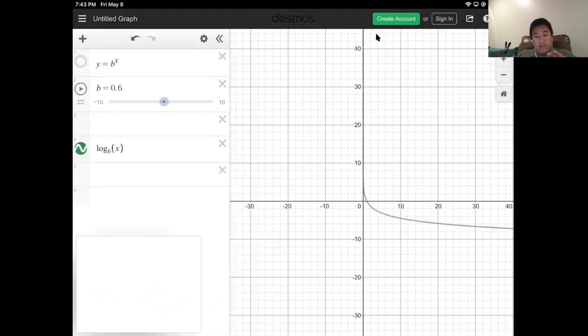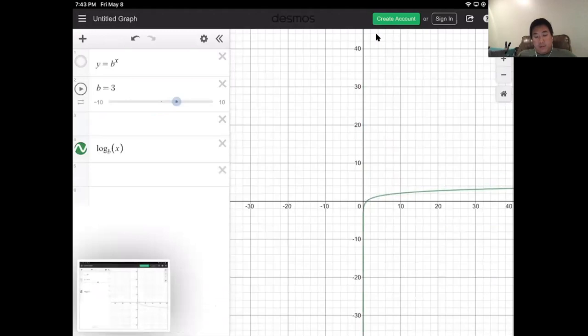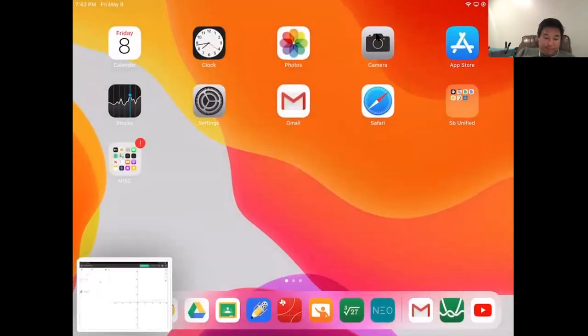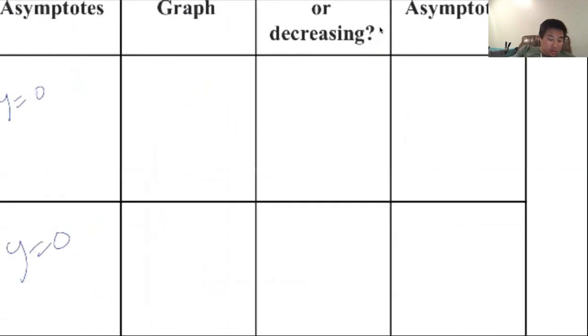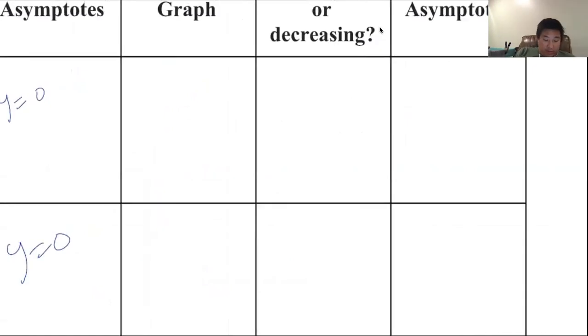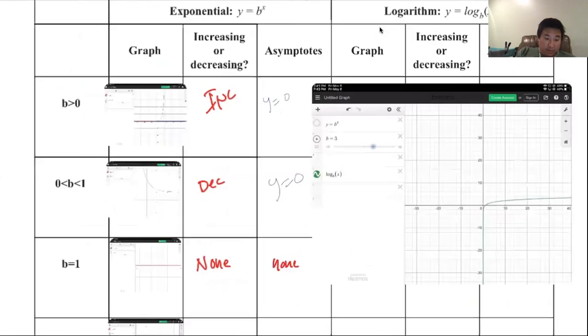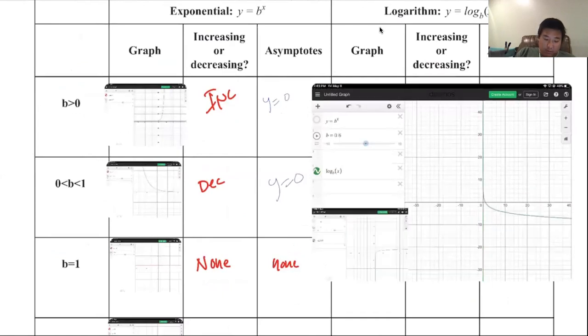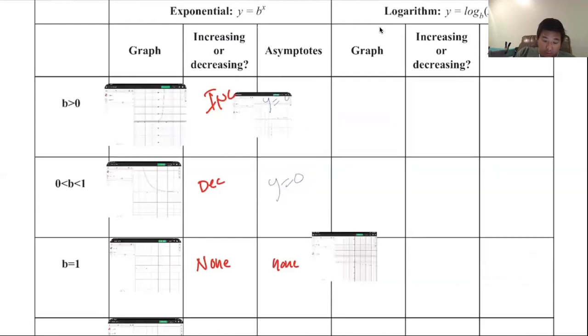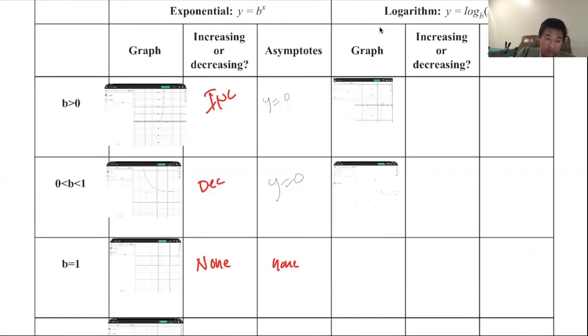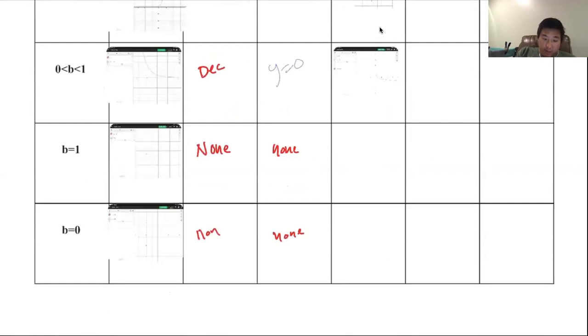B is decimal. B is a whole number. That one goes here. That one goes here.